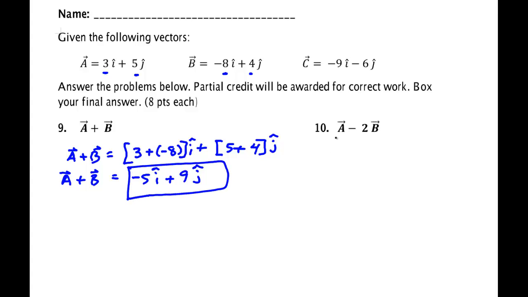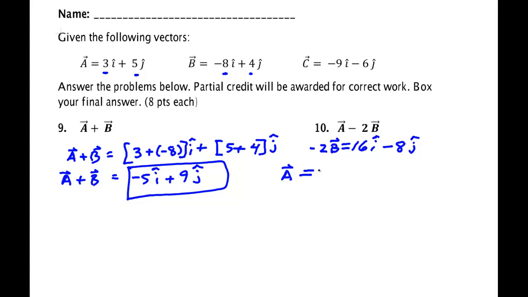Problem number 10. With a minus 2b, first thing to do is let's find minus 2b. Alright. So we got minus 2 times minus 8 gets us 16 i hat. We have minus 2 times 4 gets us minus 8 j hat. Now we need to add a and minus 2b.